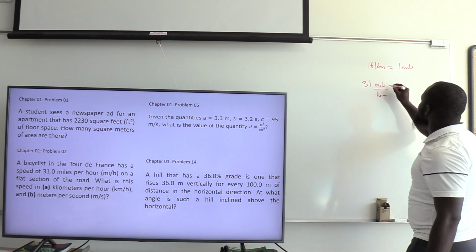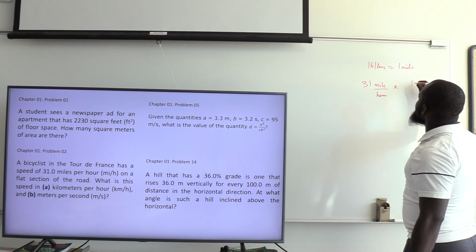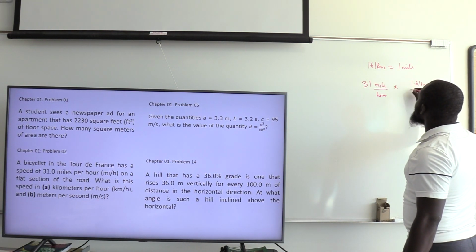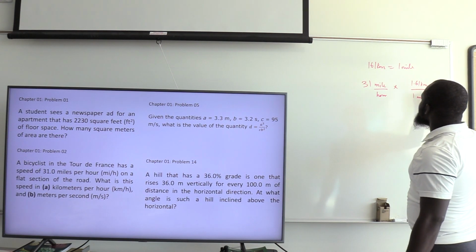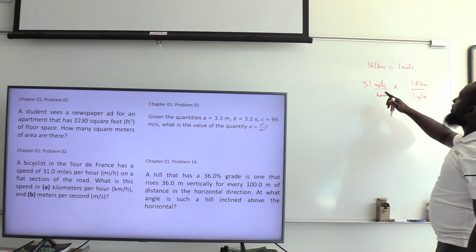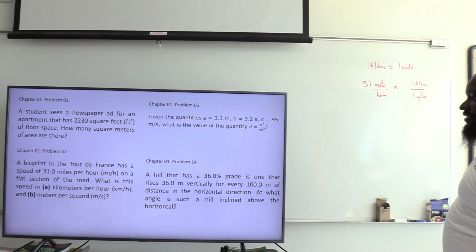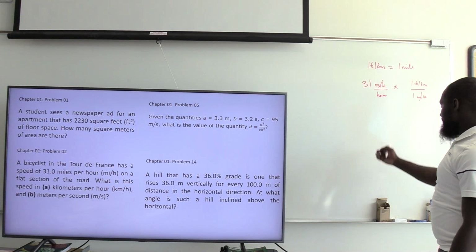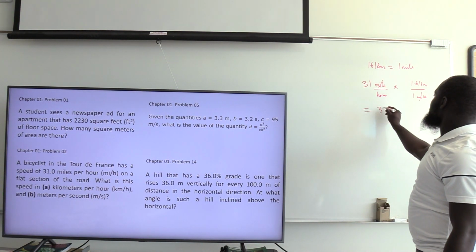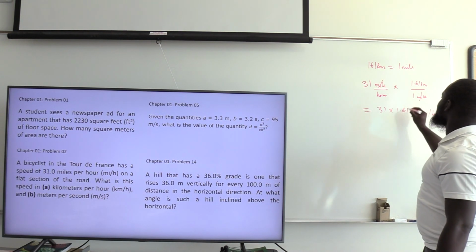I want kilometer on top, so I'll put 1.61 kilometers is 1 mile. So mile cancels mile, and I have kilometers per hour. That will give me kilometers per hour already. Simple. So the answer becomes 31 times 1.61 kilometers per hour.